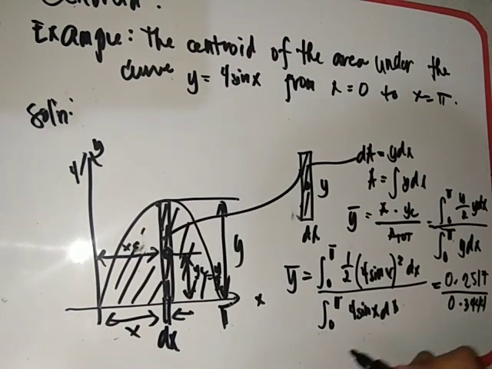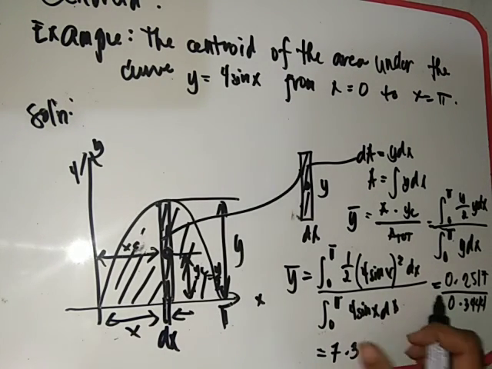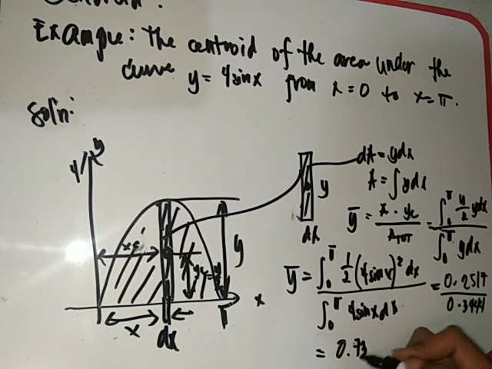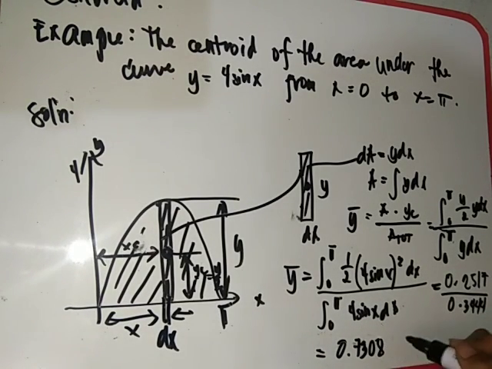So if we divide that, we will have 0.7308, or we can write it as 0.731 if you round it off.